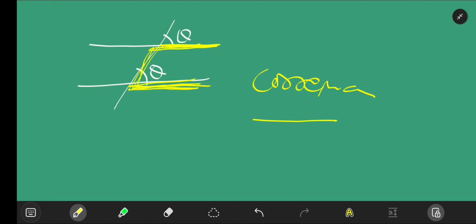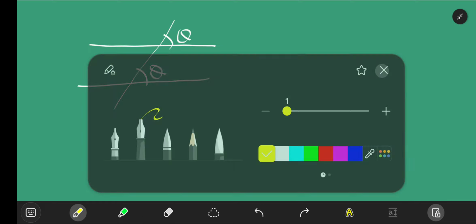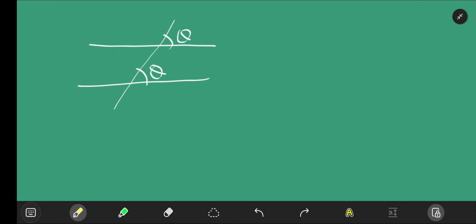You have to remember it like this. Corresponding angles in the sense not only this. Here this exterior is equal to this interior, and this exterior is equal to this interior angle. These both are also equal.